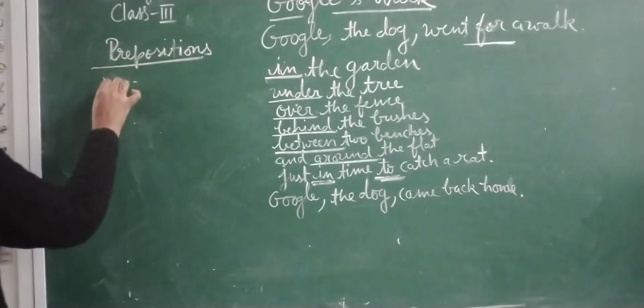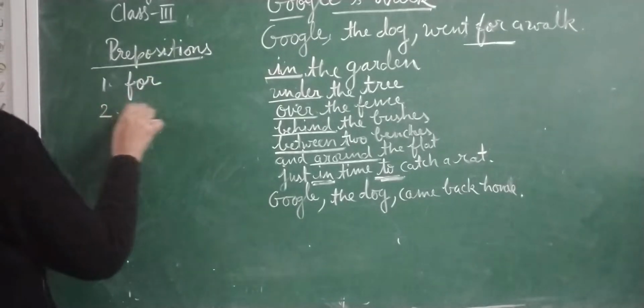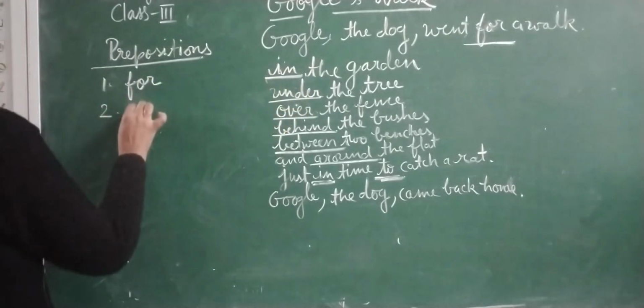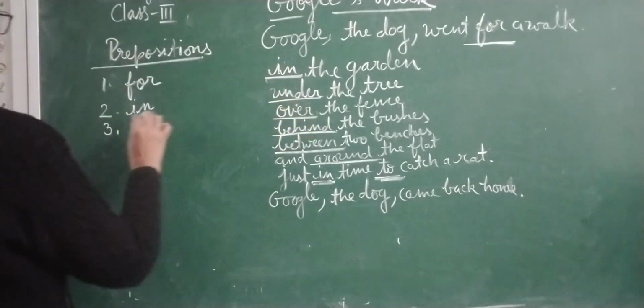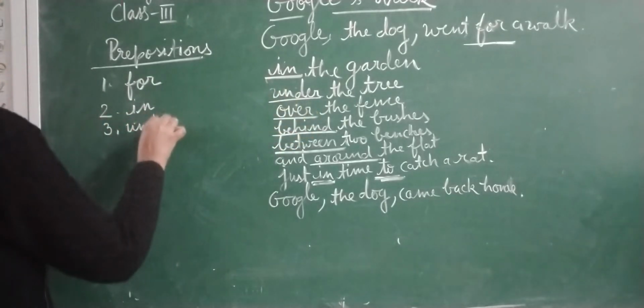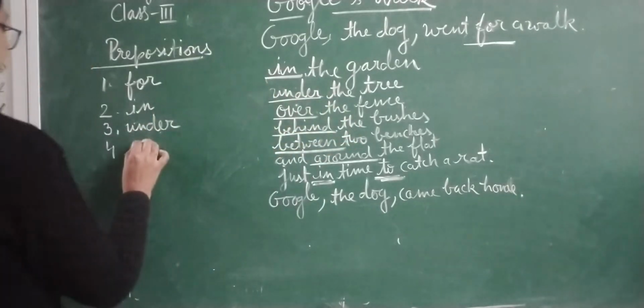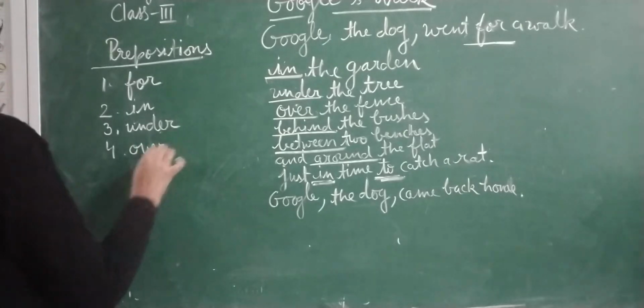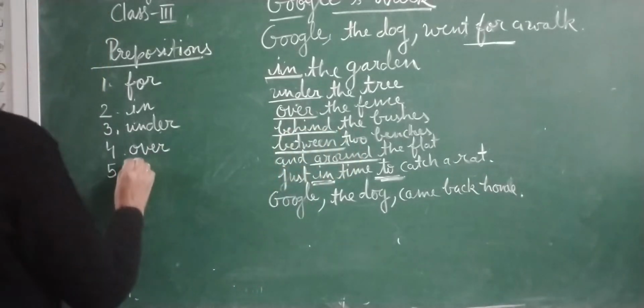First line: for. Second: in. Third: under. Fourth line: over. Fifth line: behind.